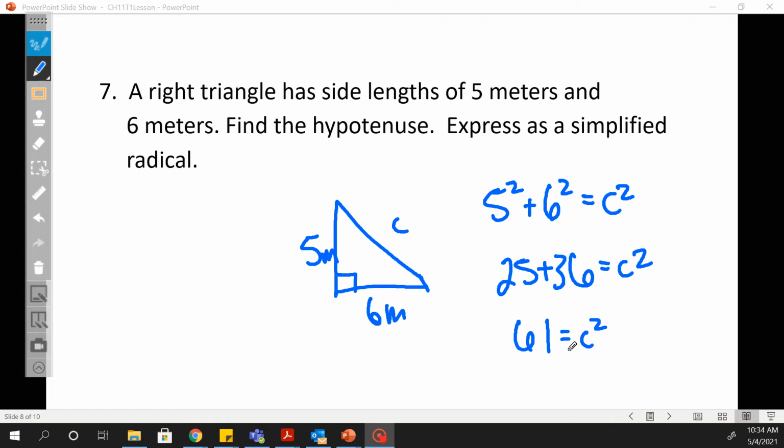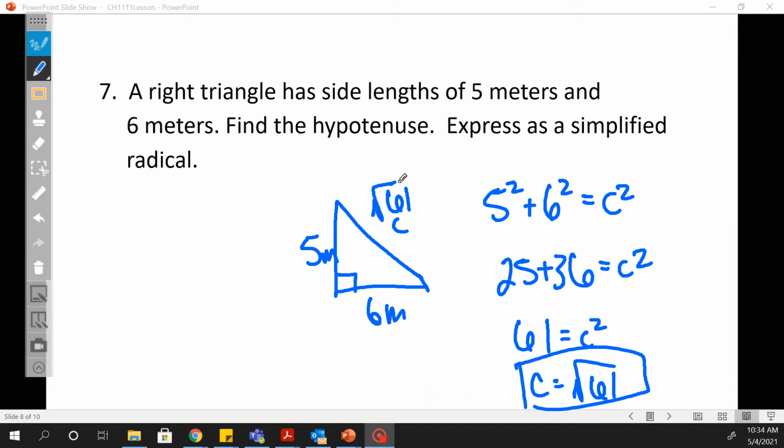Well, 61 I think is prime. I don't think it's divisible by anything. So square rooting both sides, we get C is equal to the square root of 61.